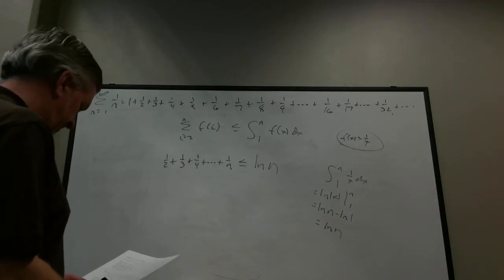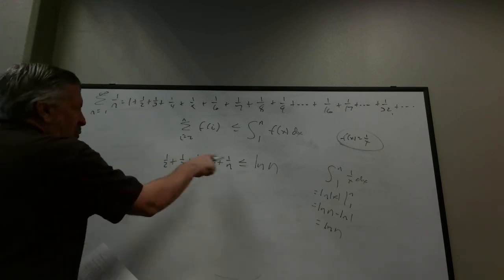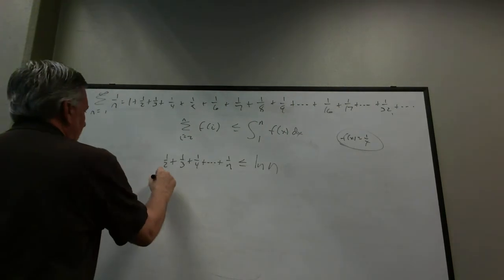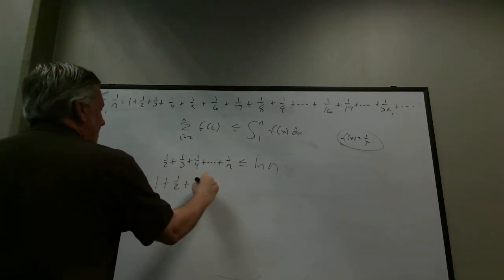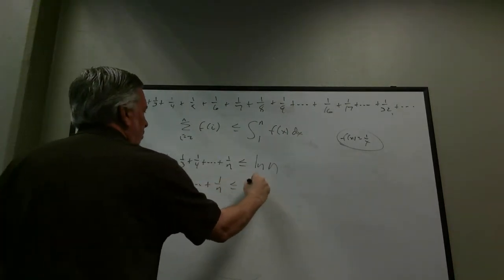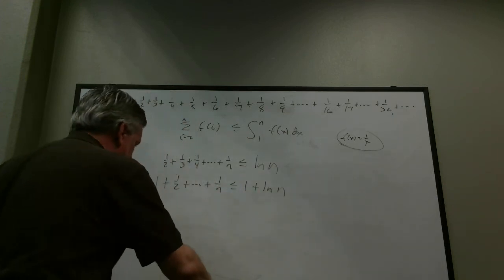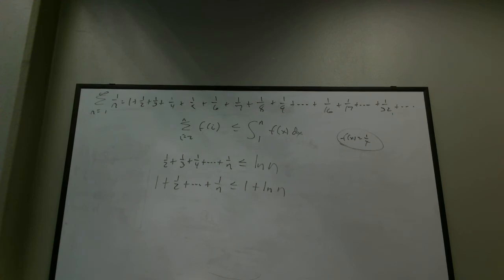Okay? So notice if we add 1 to both sides of this inequality we just got, we get 1 plus a half plus dot dot dot plus 1 over n is less than or equal to 1 plus natural log of n. And notice that is half of the inequality we're supposed to show in part B.